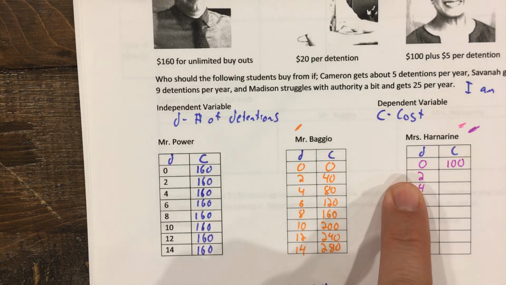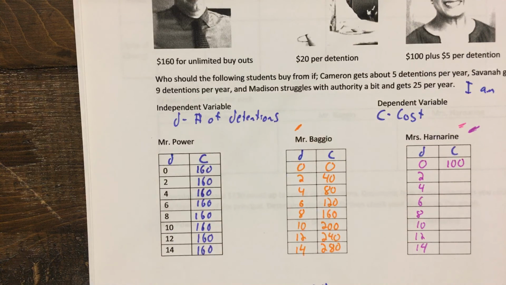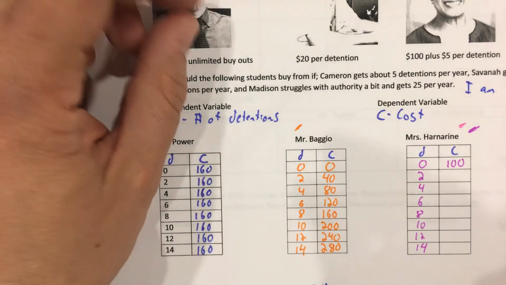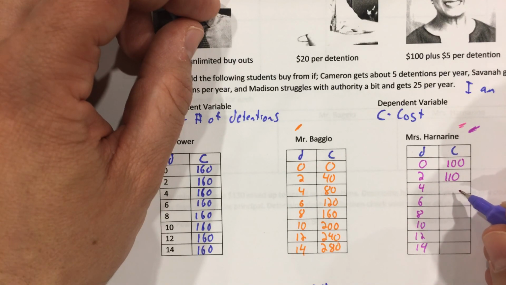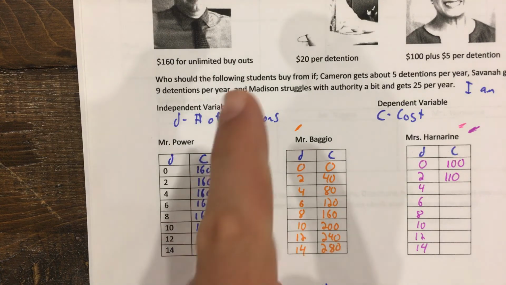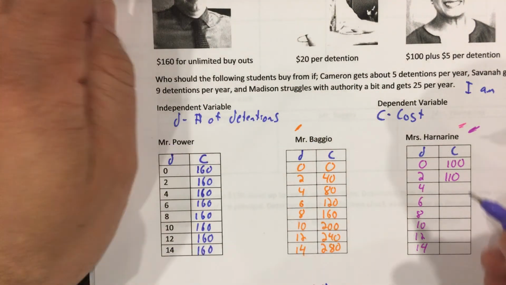Now if you get 2 detentions, you paid her the initial 100, plus you gave her $5 for the first detention and $5 for the second detention. That's going to cost you $110. Okay? 4 detentions. Well, it was the initial 100 plus 5, 5, 5, and 5 for 4 detentions. So that's going to be $120.